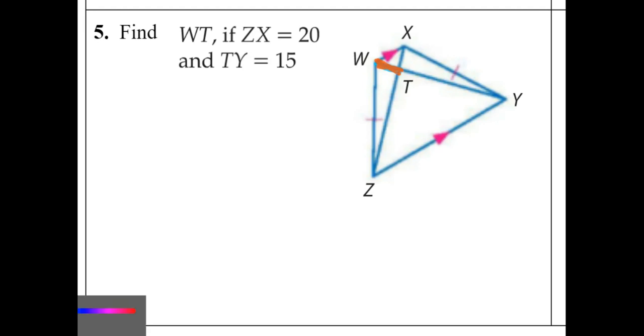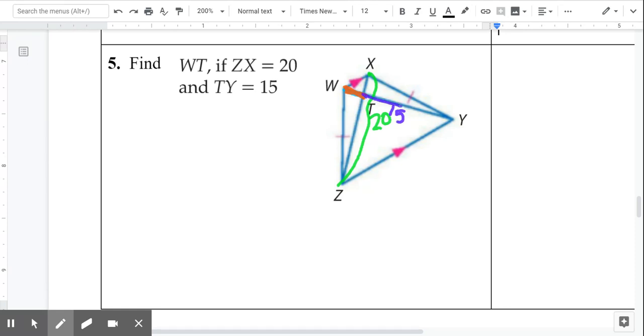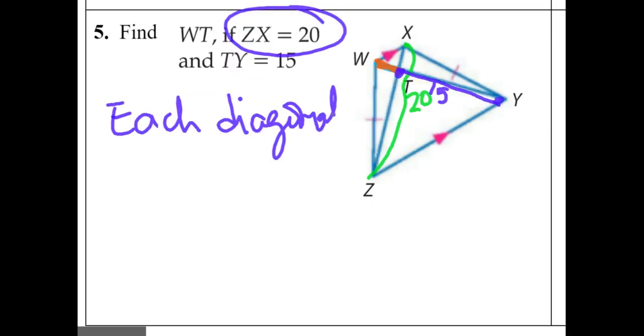Okay, so I have ZX is 20, so that's this entire thing is 20. And I have TY is 15. Y is this piece right here, from here to here. That's 15, right? And I'm supposed to find WT. Now, remember that the diagonals are congruent. And because ZX is 20, that means that each diagonal is 20, okay?